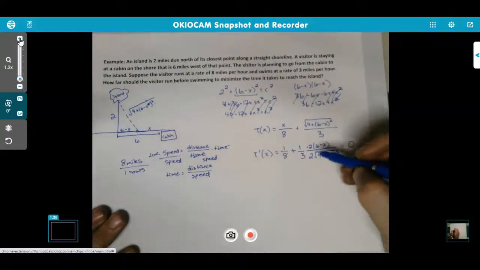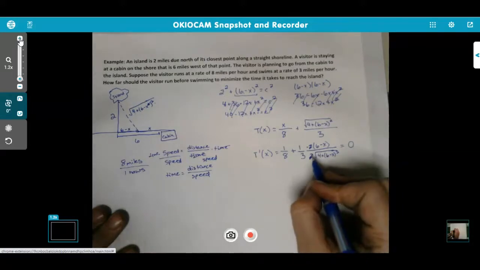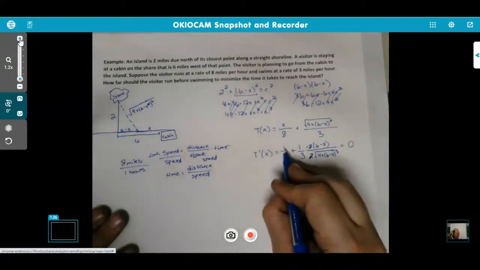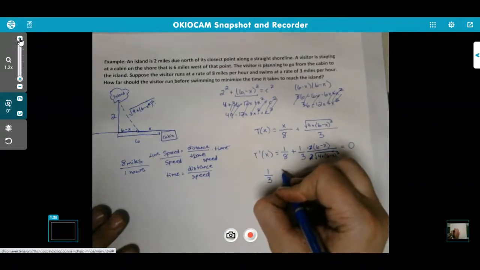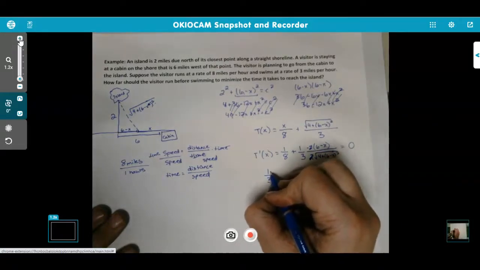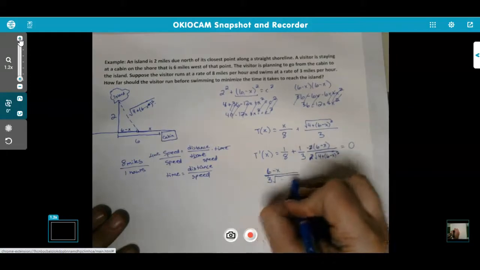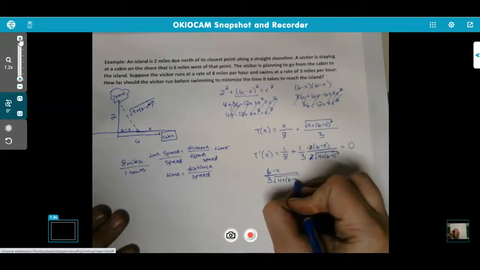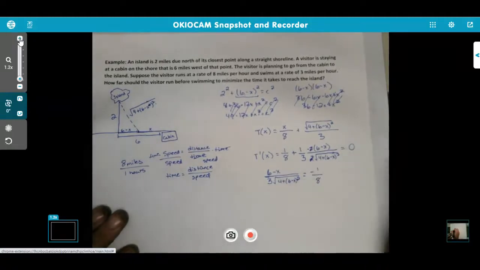First thing I see is the 2's cancel out, which is helpful. If I set that equal to 0, I can move this 1/8 over to that side. 1/3 times (6 minus x), so let me put the 6 minus x on top, over 3 times the square root of 4 plus (6 minus x) squared, equals -1/8.